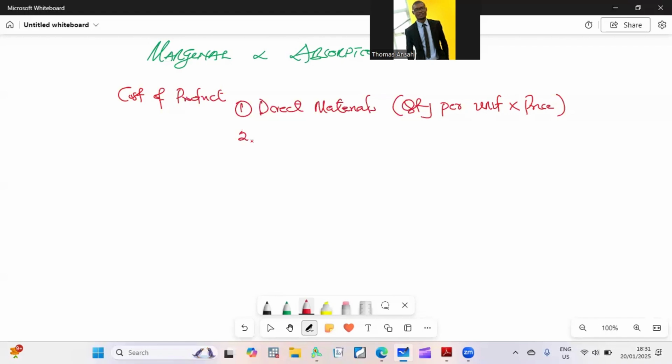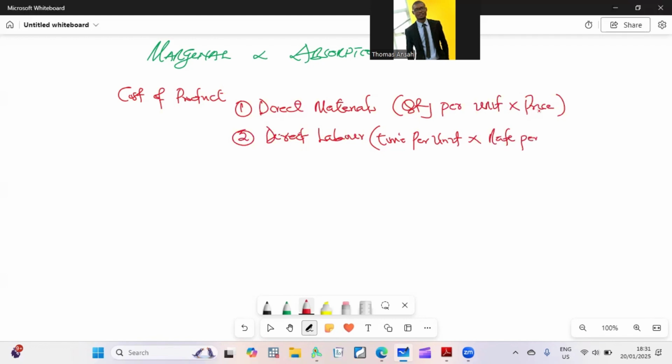Then you also need direct labor. There is also accounting for labor. The labor is based on time, so we are looking at the time per unit, and you multiply it by the hourly rate, the rate per hour.